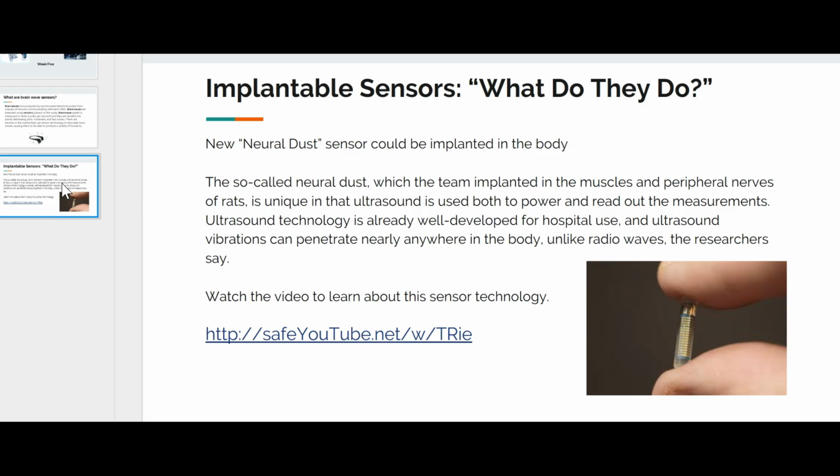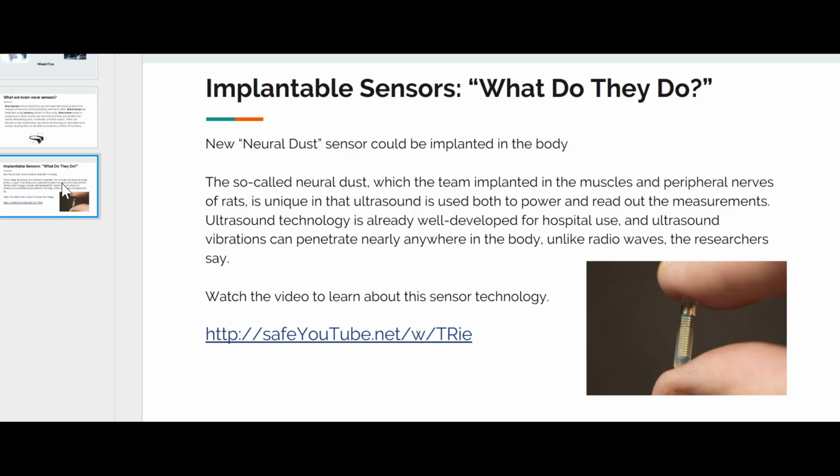It is put into the muscles and what's called the peripheral nerves. And they've tested this out on rats first, naturally, before humans, to see if this technology actually works. And it's very unique in the sense that ultrasound is used both to power it and to read the measurements.